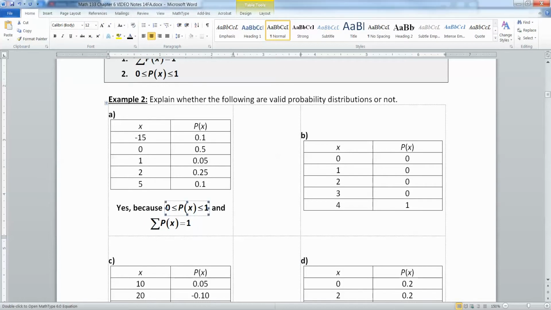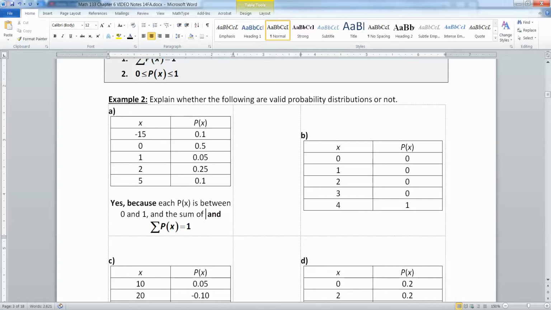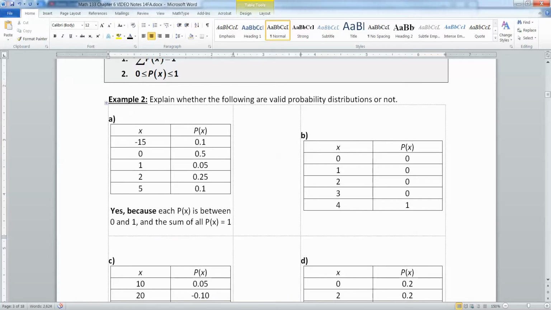I suppose if you just write those symbols, you won't know what you were talking about. So let me just say each p of x is between 0 and 1, and the sum of all p of x's is equal to 1. There we go. All right, that one's valid.